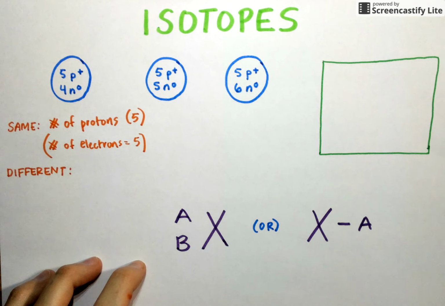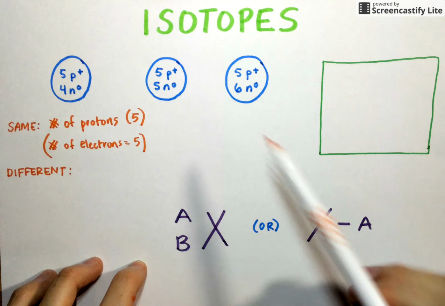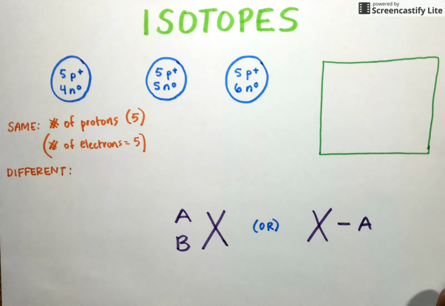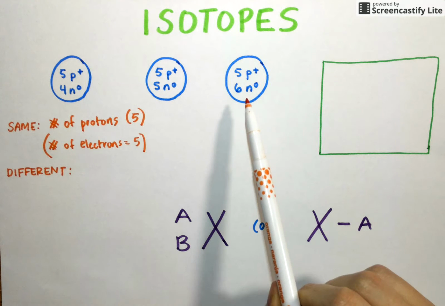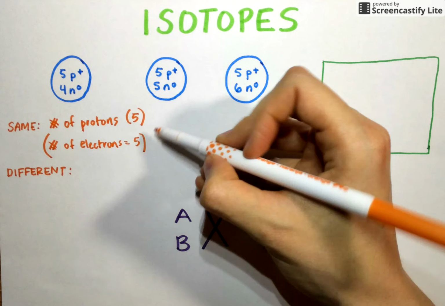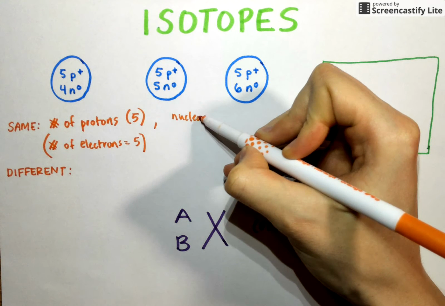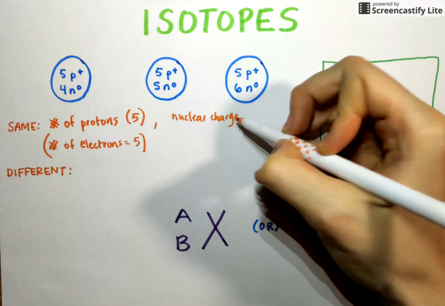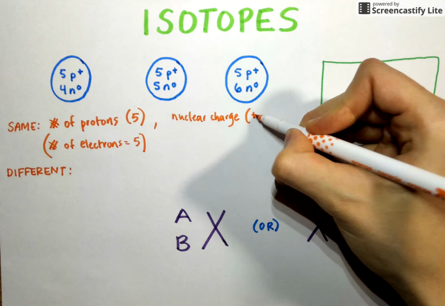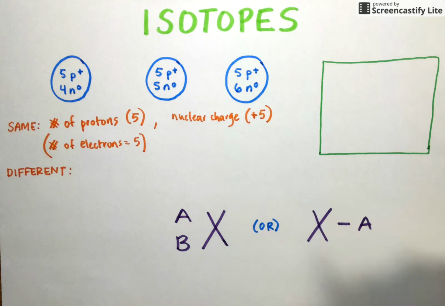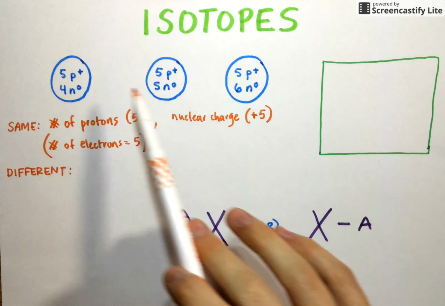If we know that these are all atoms, not ions, we also should hypothetically know that they have the same number of electrons. This is something that, in this case, we're assuming because it's not explicitly written in the diagram, but if we are assuming that these are atoms, we should know that there will also be 5 electrons present to make sure that all 3 atoms are indeed neutral and not charged like an ion.